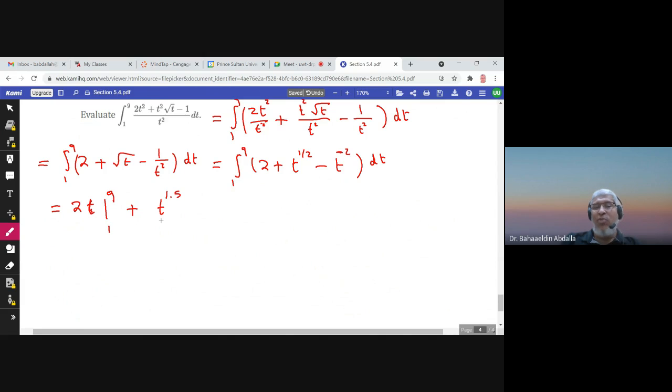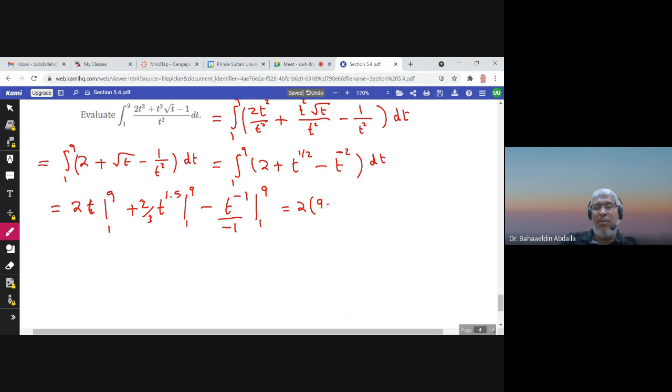You can write it over 3 over 2, or multiplied by 2 over 3, because divided by 3 over 2 means multiplied by 2 over 3. Then minus t to the power -2: you add 1 to the power and you divide by the same number, from 1 to 9. So I will write it 2 times t, replace it by 9, minus, replace it by 1.